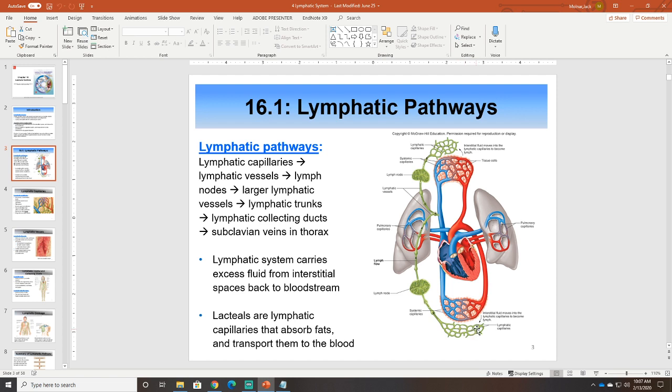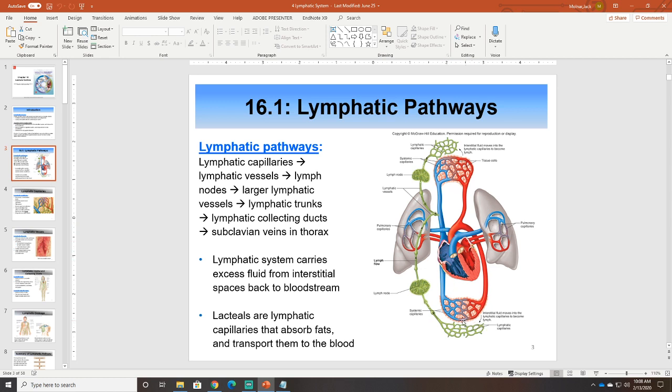So the lymph capillaries down here pick up the remainder of the fluid and transport it through lymph vessels to lymph nodes, then to larger lymph vessels, and then finally into lymphatic trunks, ducts, and then we return it to the subclavian vein, which dumps into the superior vena cava and then returns to the right atrium.